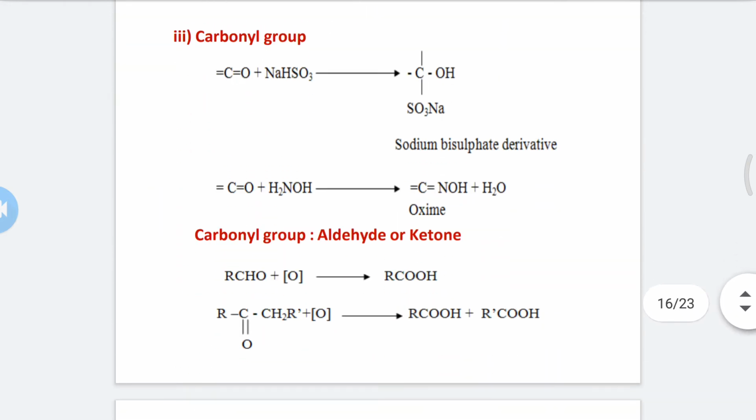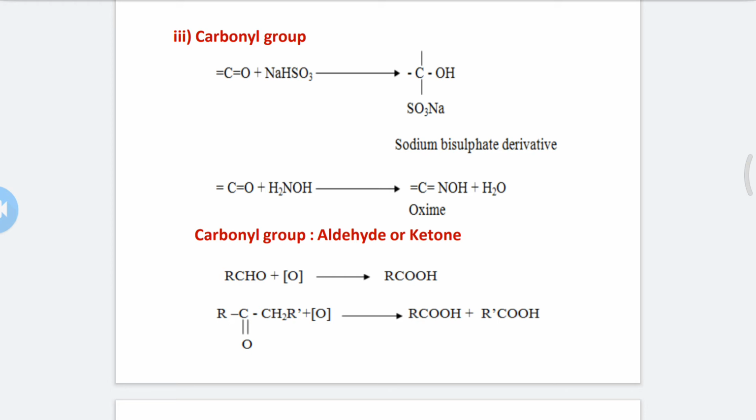Next is the carbonyl group. If a terpenoid has carbonyl groups, they react with sodium bisulfite to form a sodium bisulfite derivative. Another example: carbonyl groups in terpenoids react with hydroxylamine to form an oxime.